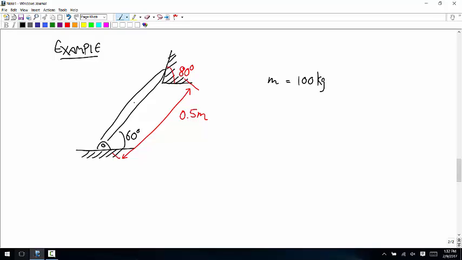And then at the center, there's a couple applied clockwise of 1,000 Newton meters. What are the reactions?